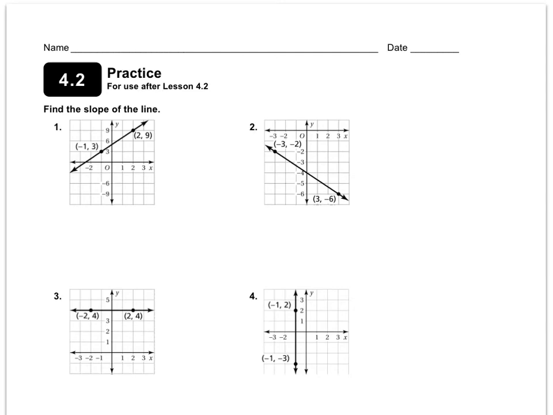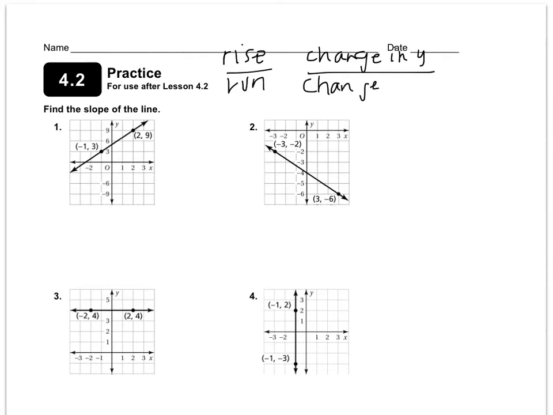This review lesson is all about slope, and remember that slope is rise over run, also known as change in the y value over the change in the x value.